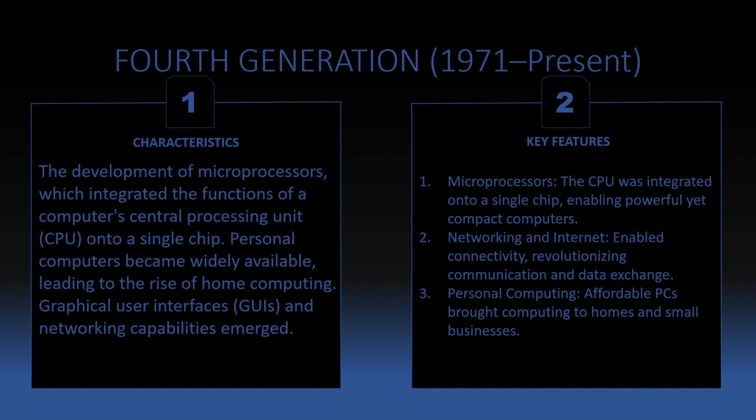Microprocessors: the CPU was integrated onto a single chip, enabling powerful yet compact computers. 3. Networking and the internet enabled connectivity, revolutionizing communication and data exchange. 4. Personal computing: affordable PCs brought computing to homes and small businesses.